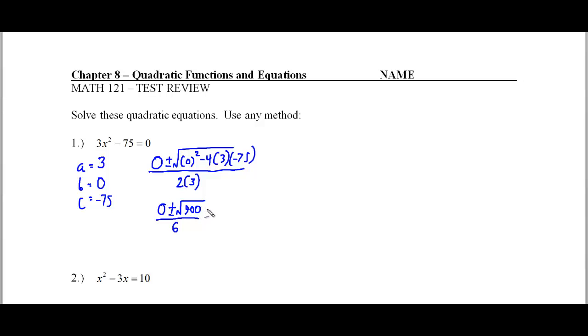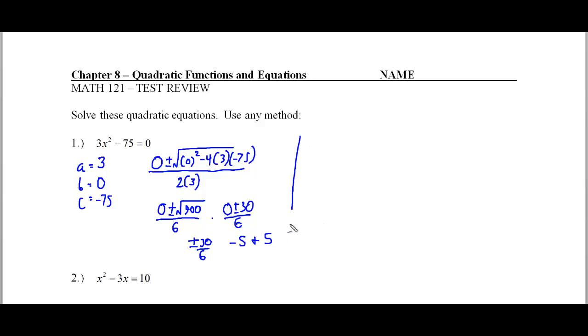But the square root of 900 is a perfect root. You can check that on your calculator because what you then get is 0 plus or minus 30 divided by 6, which is another way of saying plus or minus 30 divided by 6. So that gives you a nice answer here of plus or minus 5, because 30 divided by 6 is 5. So your answers are negative 5 and 5.